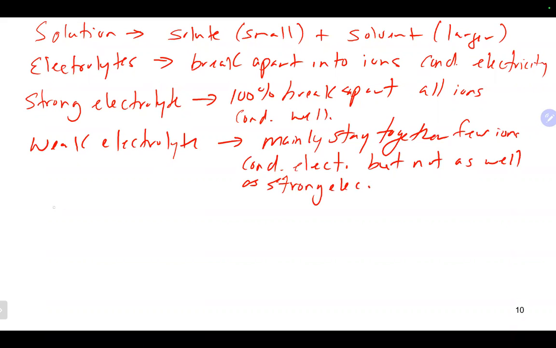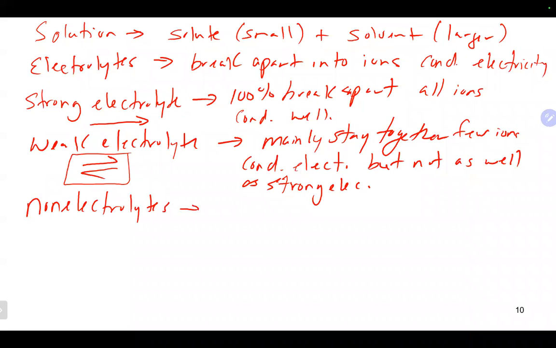You can really recognize weak electrolytes by the arrows that head in both directions. Strong electrolytes typically have a one-way arrow. Non-electrolytes will basically stay together when they dissolve. No ions are produced, and a result of that is they will not conduct electricity.